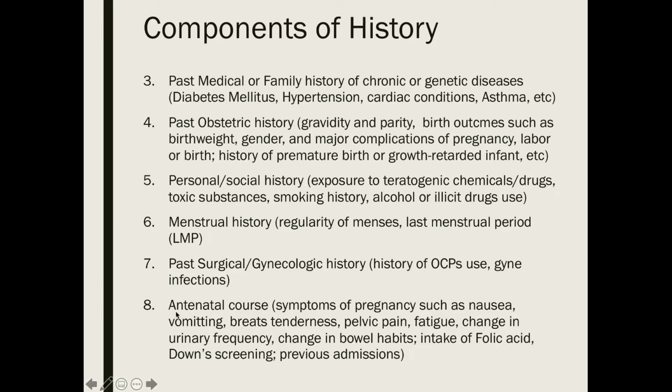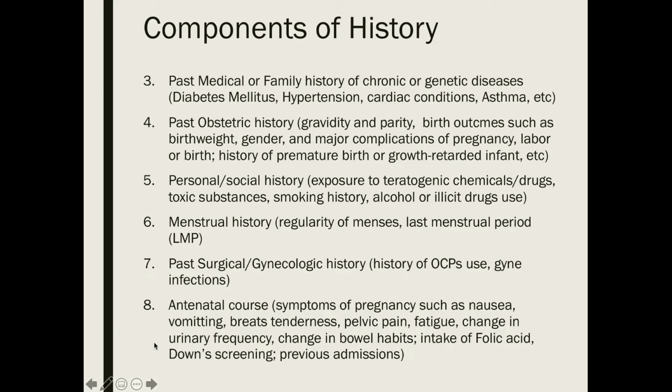Of course, you have to ask her menstrual history. Ask her about her last menstrual period and if her menses were regular. Also, her past surgical or gynecologic history, such as her history of OCP use or any history of gynecological infections.